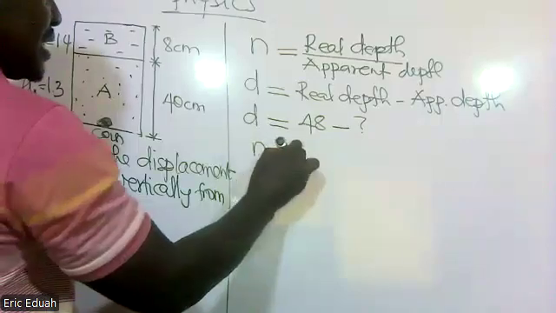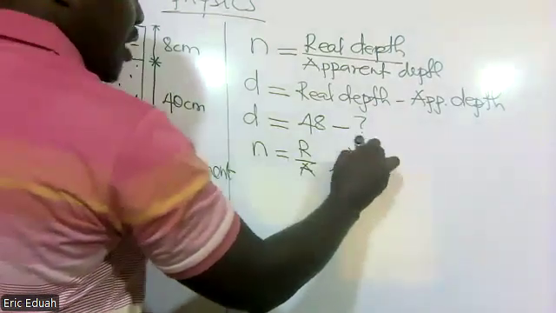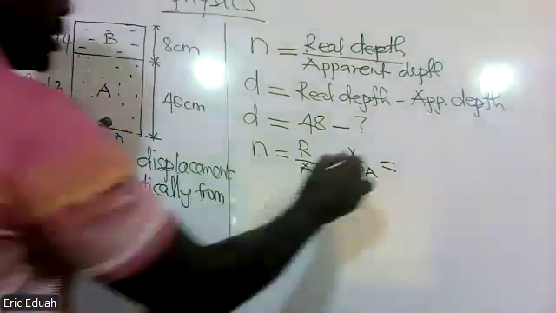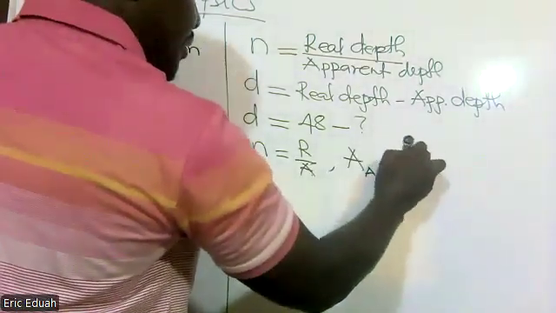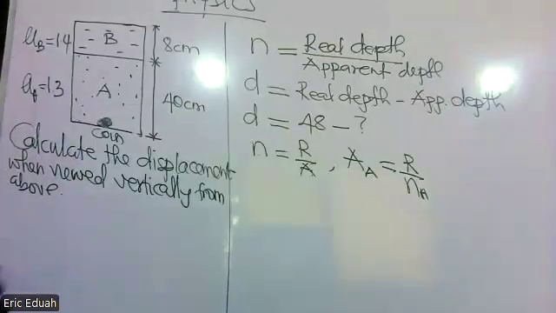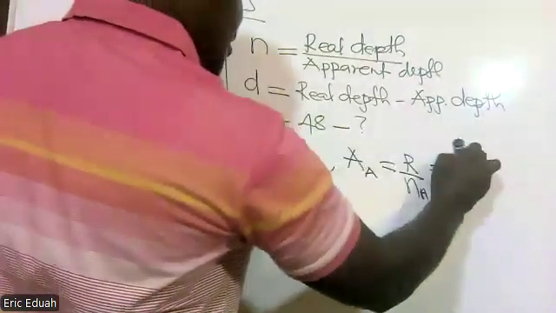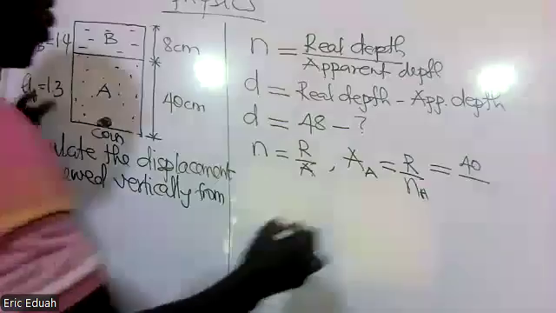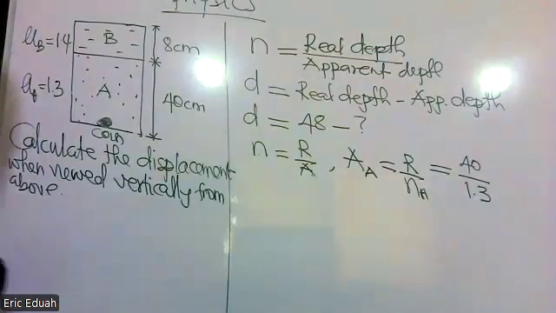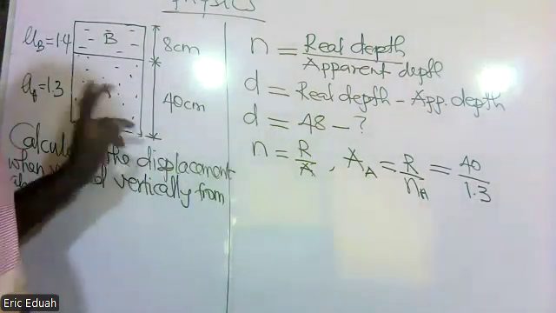Since refractive index is real over apparent, apparent depth of liquid A is equal to real depth over the refractive index of A. So this gives me 40 divided by 1.3. This will be the apparent depth as viewed through A.